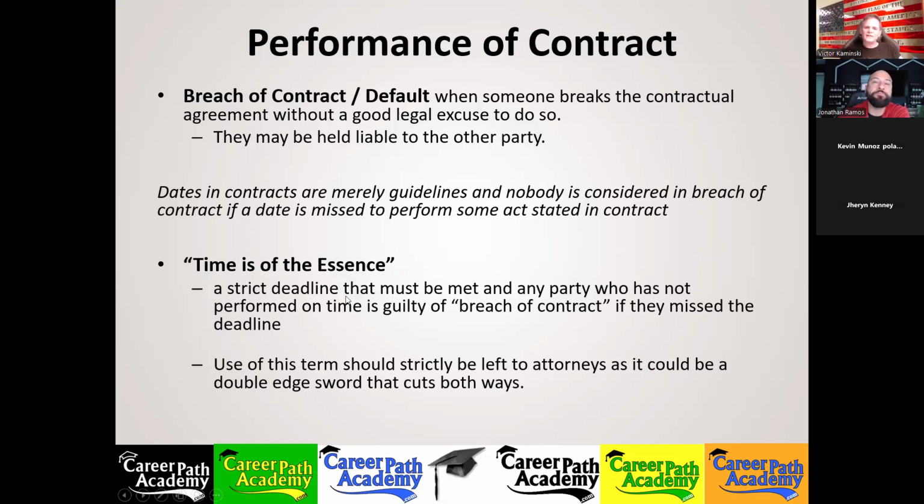Time is of the essence is a strict deadline that must be met, and any party who has not performed on time is guilty of breach of contract if they miss that deadline. Now, use of this term should be strictly left to attorneys because it is a double-edged sword. You got to be careful when using it, because it can cut both ways.